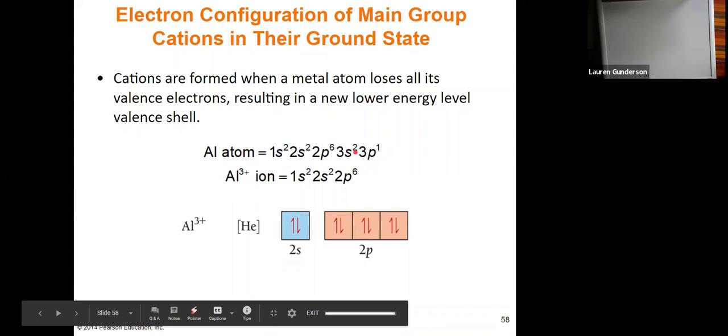Then we're going to move down to the 3s sublevel, and we're going to remove 2 electrons from there. All right, so we're going to rewrite the ion configuration with what remains, which is 1s2, 2s2, 2p6. And you'll notice that when we write out the electron configuration for the ion, it now has a noble gas electron configuration.